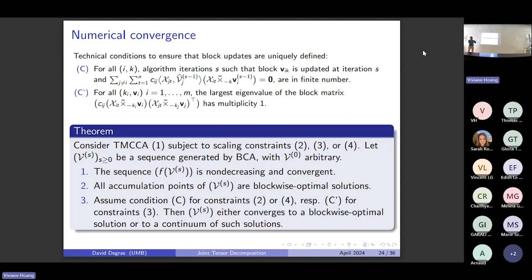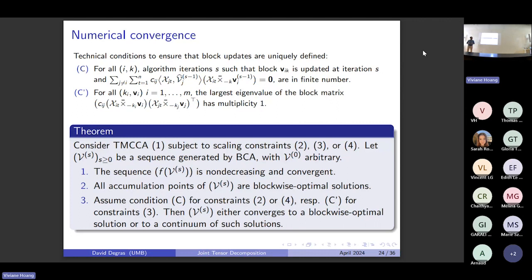There's a result that says that for directions orthogonal to the gradient of the constraints, if the Hessian is non-negative definite for those directions, then you have a local maximum. And pretty much every time I check in practice, I do get a local maximum. So not just blockwise optimal, but local, which is good.